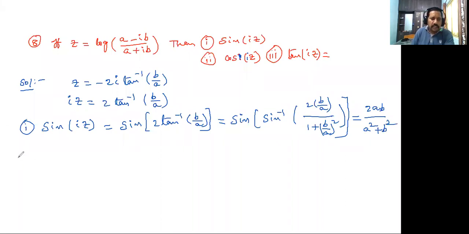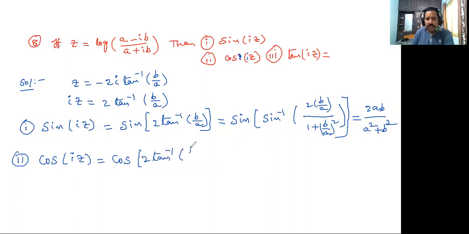Okay. Similarly, do that for cos of iz, that is cos of 2 tan inverse b by a.